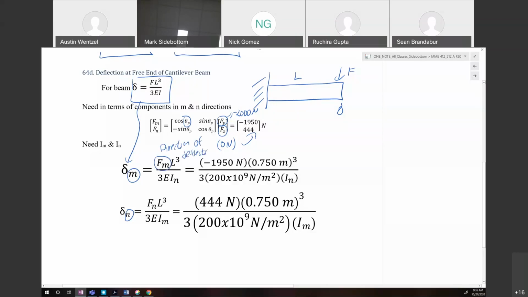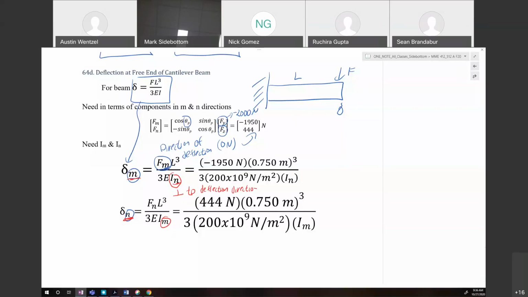In this case, our deflection is about the m-axis and our force is about the m-axis, while the moment of inertia is about the axis that is perpendicular to the deflection direction. So n here corresponds with m, while m here corresponds with n. Make sure you use the correct one, otherwise you're going to get the incorrect answer for your deflection.